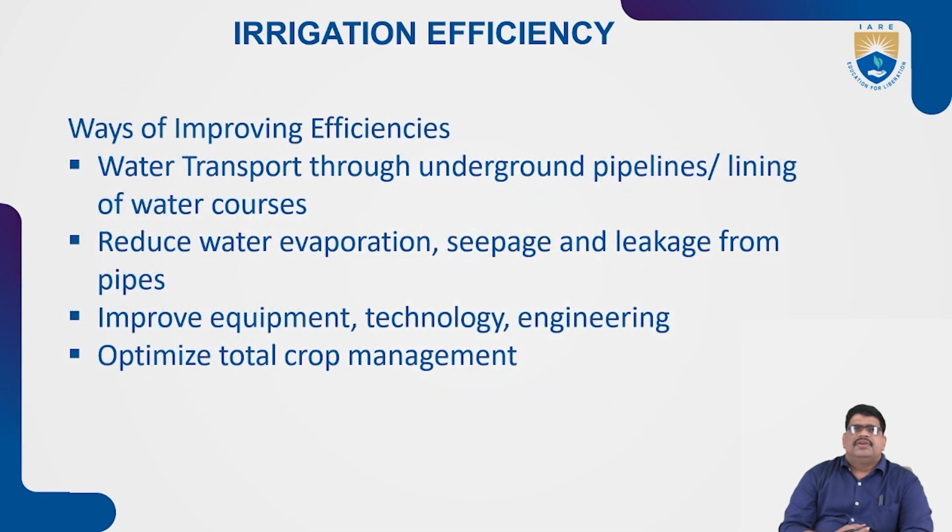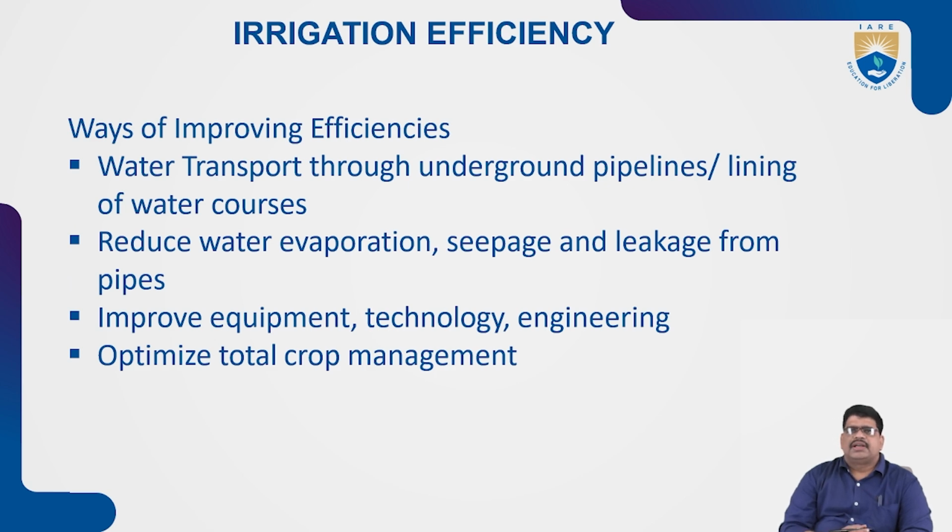Next, the ways of improving the efficiency. We already discussed all the efficiencies in the previous slide, and now we look at the ways of improving the efficiency. What are the ways to improve efficiencies?